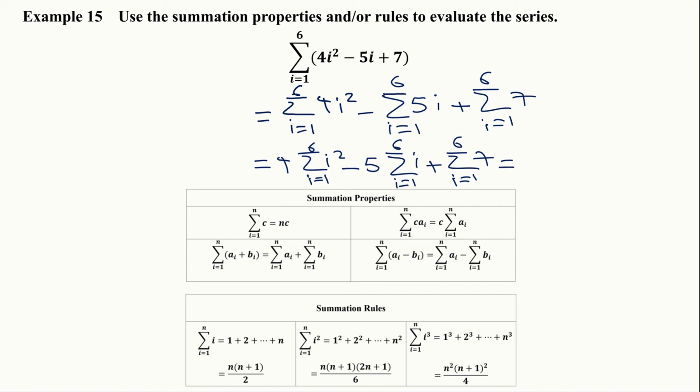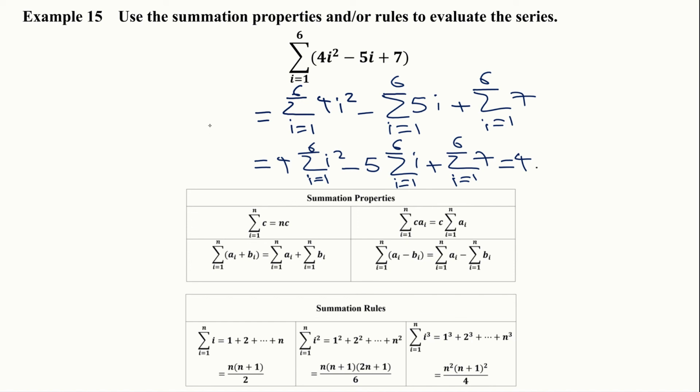So now we're ready to go ahead and apply the rules and the properties. So for the first one, we're going to have 4 times this sum, and for this we're going to use this formula again. Now remember we're using n equals 6, right?